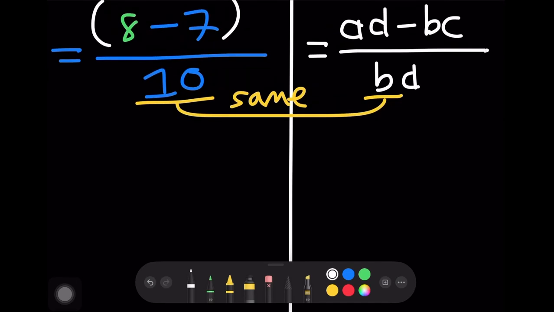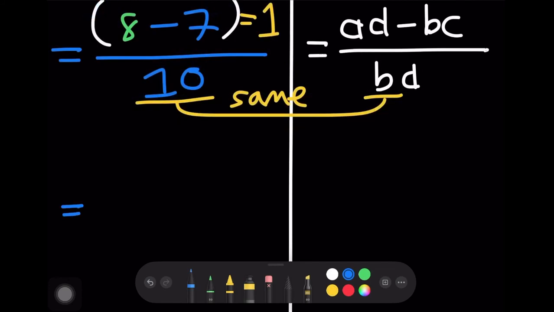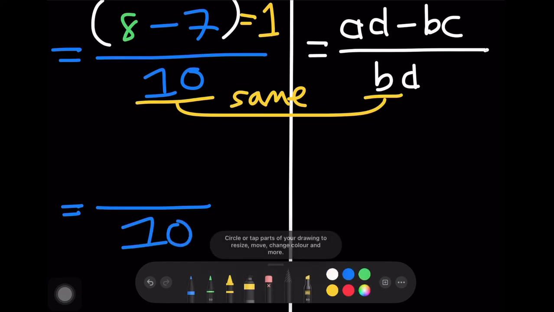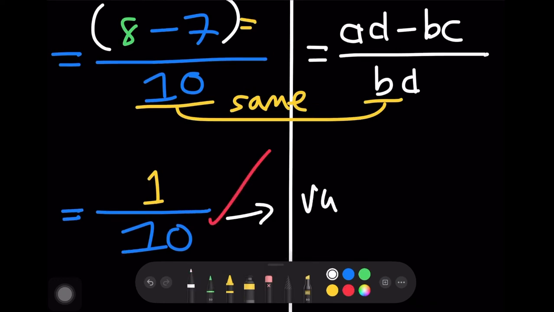So you can subtract that at the top, at the numerator that is, and your answer should be 1. So after subtracting the numerators, you should find yourself with the final answer here, which is 1 over 10, and that is equivalent to AD minus BC over BD.